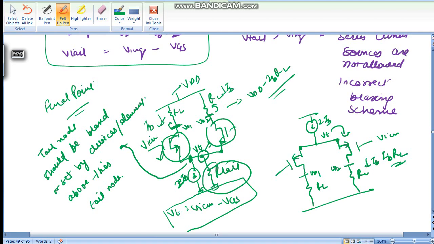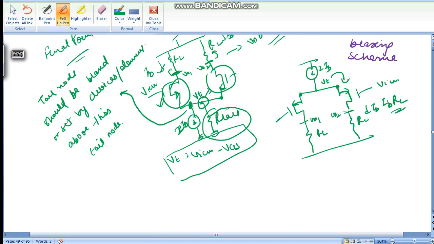So one conclusion here is that a low impedance node is going to set any node voltage. For example, if we are taking it like this, this source node is a low impedance node, and this is going to set the value of this Vx. And suppose we take some diode connection, say this is PMOS and some circuit is here.